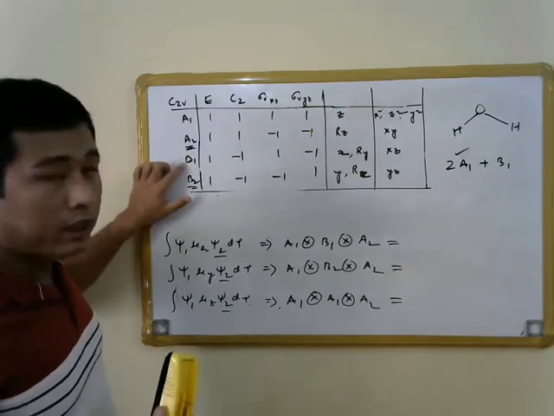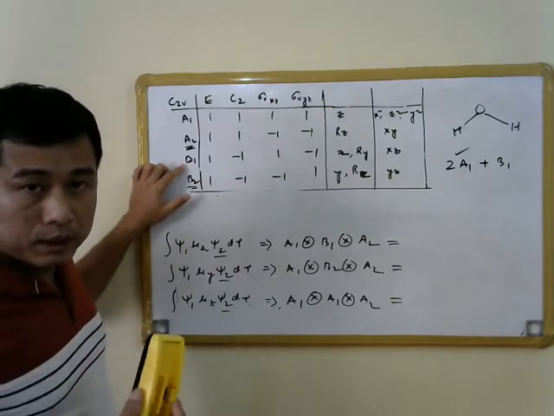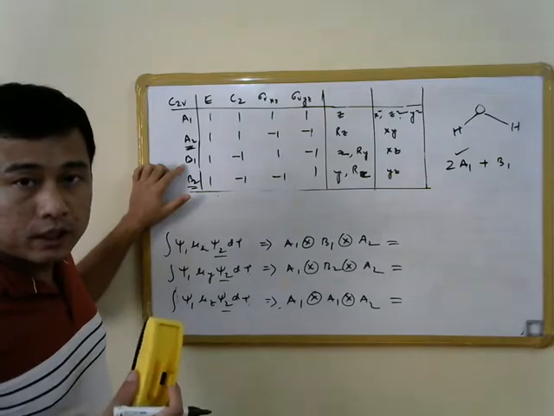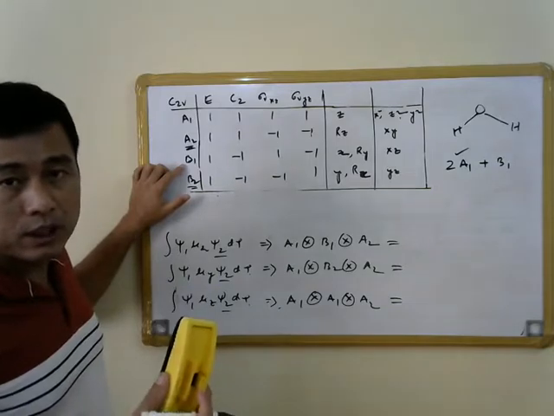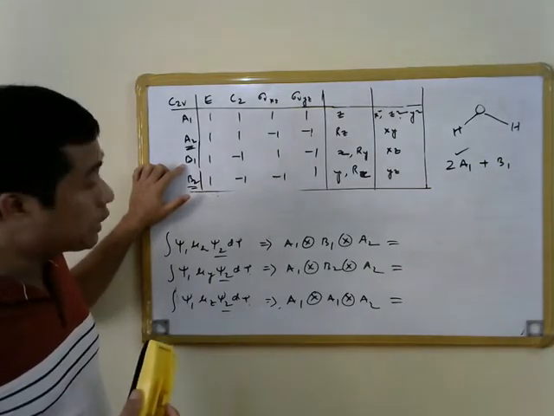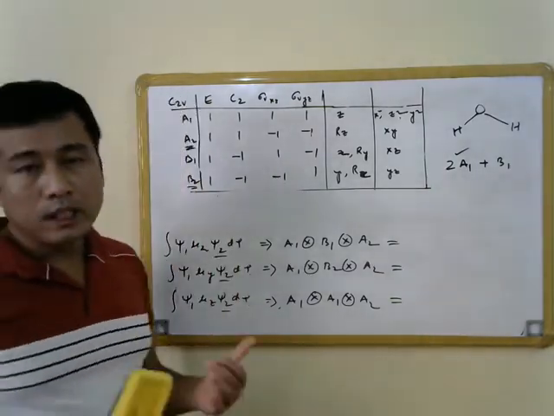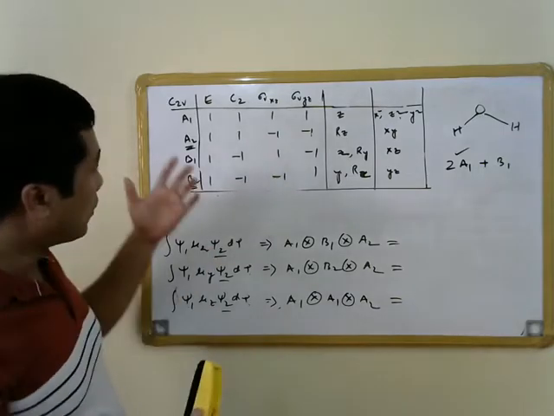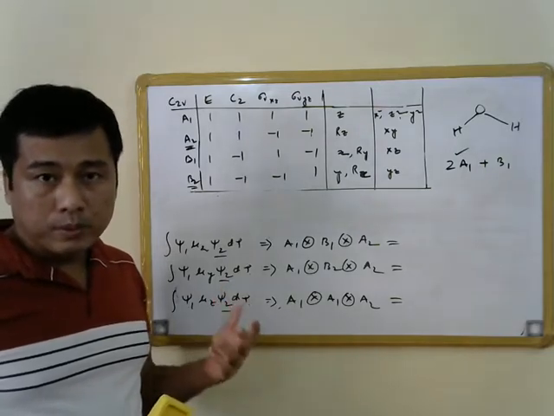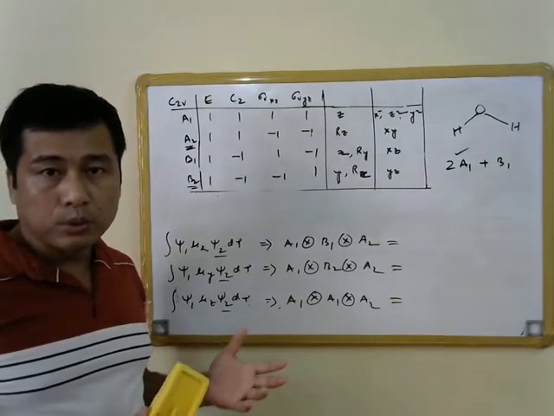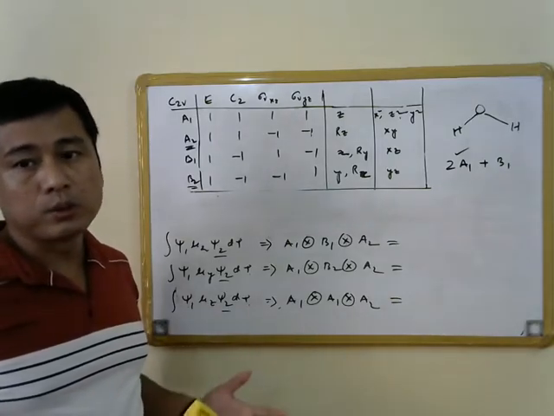And if we take the symmetry of the vibrational mode as B1, then we will find again that the integral with mu x will have non-zero value, and that will transform essentially as the most symmetric irreducible representation. But when we took A2 as the symmetry of the vibrational mode, we saw that the integrals along mu x, mu y, or mu z did not transform as the most symmetric irreducible representation, and all these integrals are essentially equal to 0.